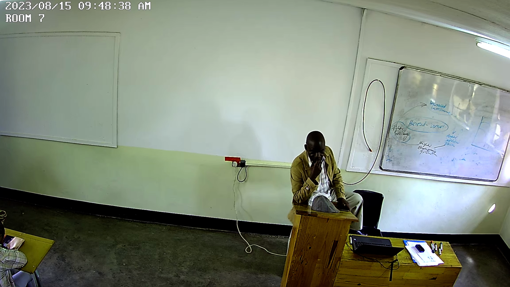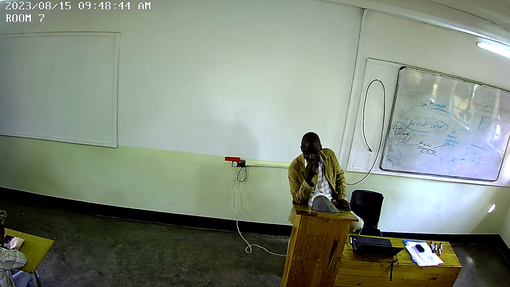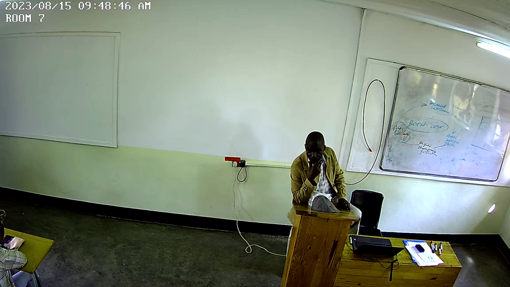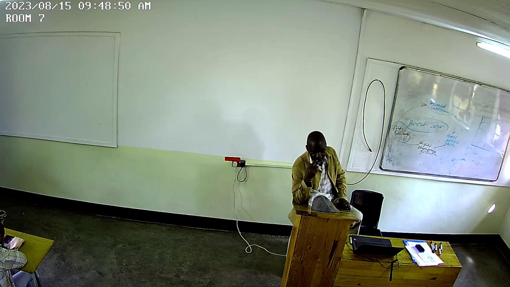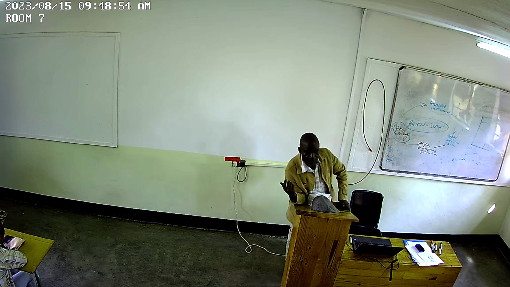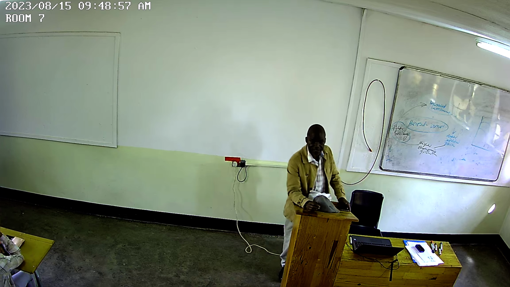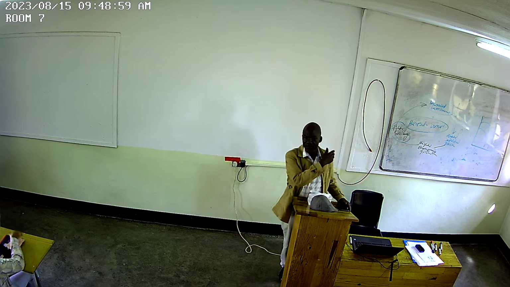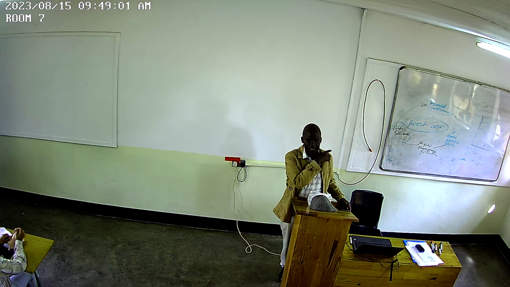Go and read more about Harrod-Domar and Cobb-Douglas. If you have any questions that you don't understand, come back to me, either on the forum or on our WhatsApp, or you can send me a message directly if you don't understand some of the Cobb-Douglas and Harrod-Domar models.